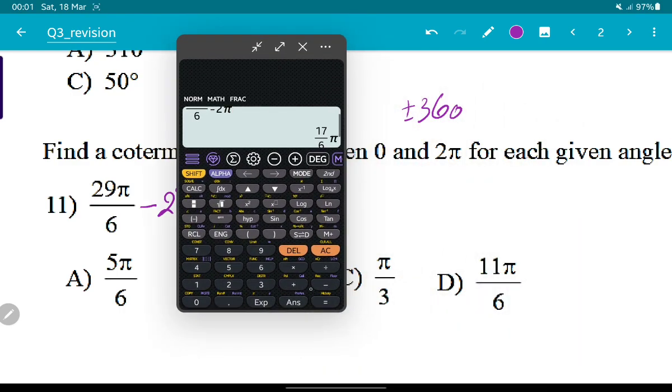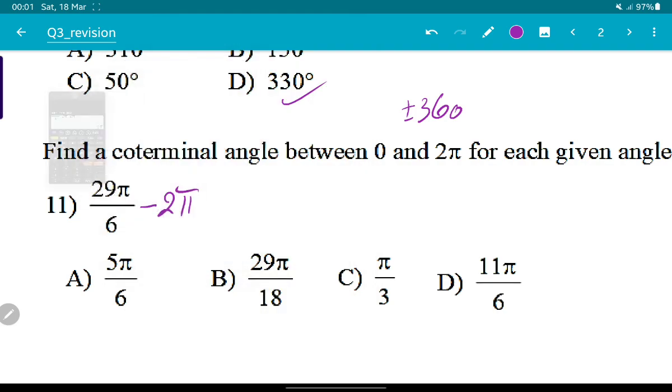So you can still subtract 2 pi, because it will still give you coterminal angles, coterminal values. So this is 5 pi over 6, and it means you can subtract more than one time, or you can add many times, 2 pi, or 360, and so on. So this is the answer.